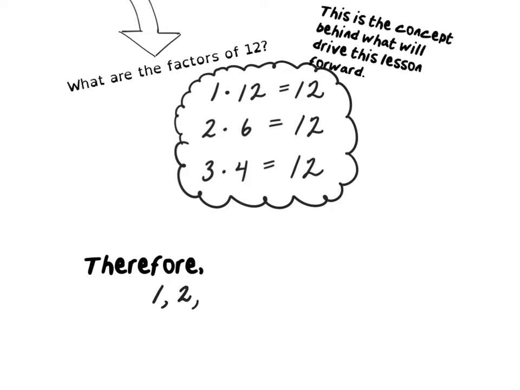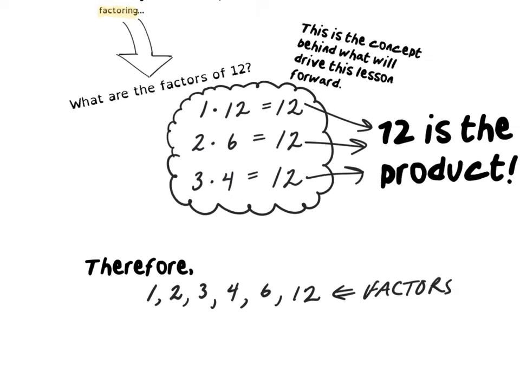Therefore, 1, 2, 3, 4, 6, and 12 are factors of 12. And 12 is the product.